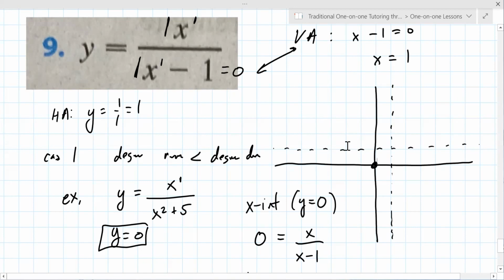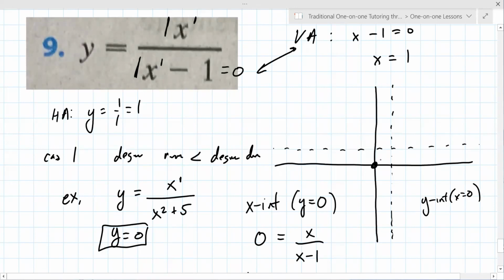Now the y-intercept, that's when x equals 0, and that's 0 over 0 minus 1. It's 0 over -1. It's 0, but that's it.